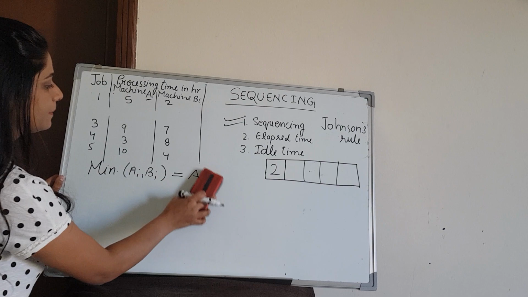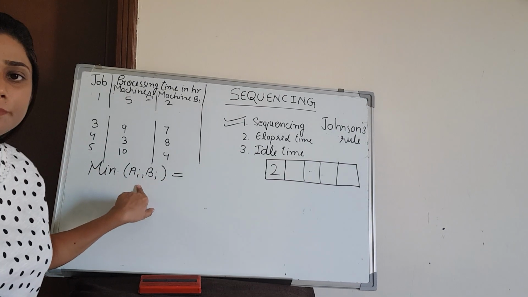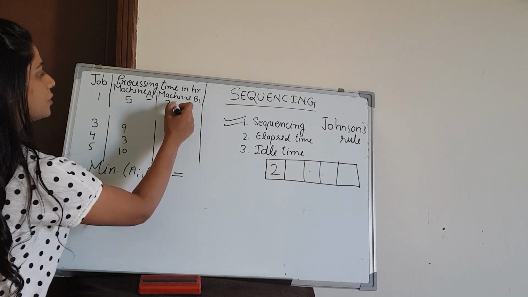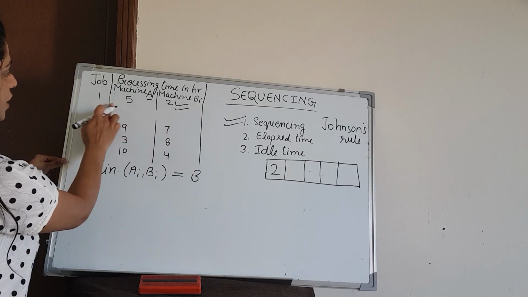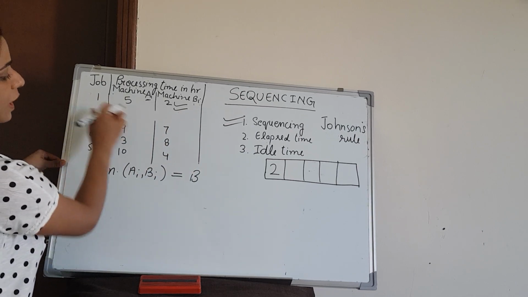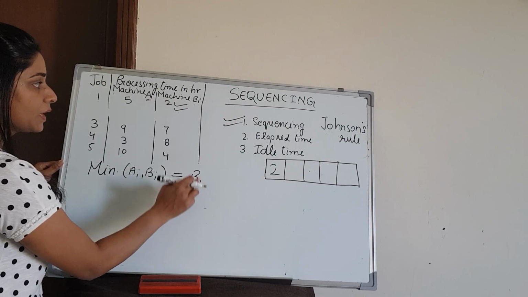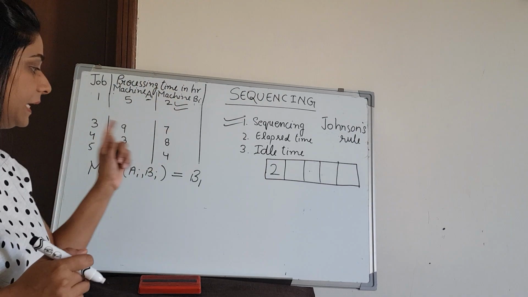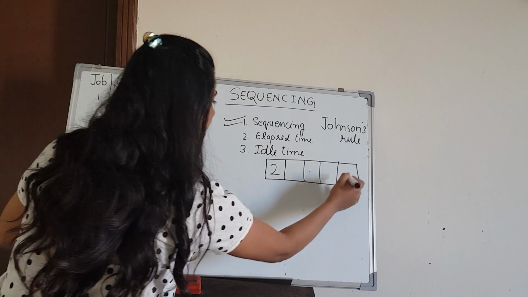Now again we will follow the same process. We will find the minimum time of machines A and B. This time the minimum time is 2, which we are getting from machine B, and now we will check the number of the job, which is 1, so B1. So we are getting the first job this time from machine B. Now pay attention: since we are getting it from machine B, we will start filling from the right hand side.